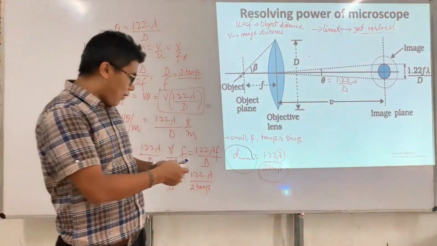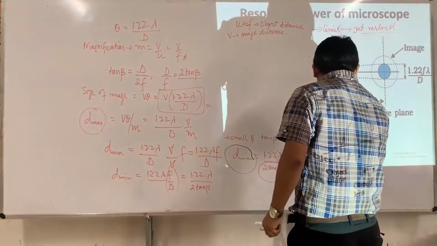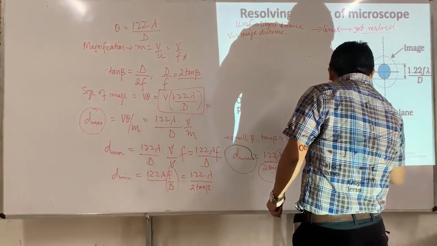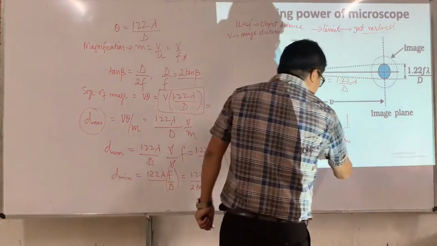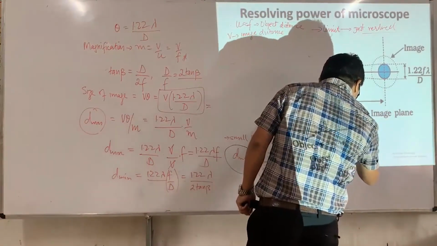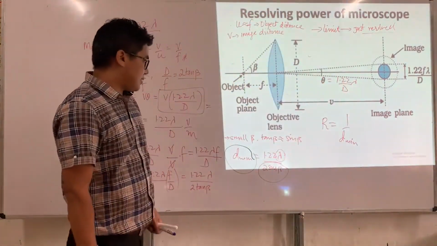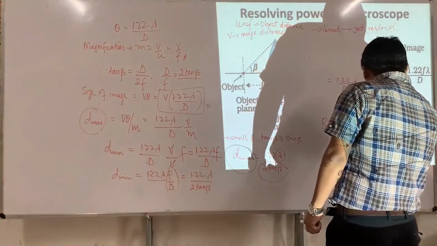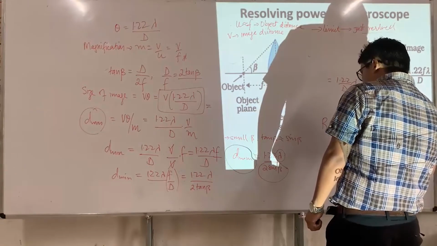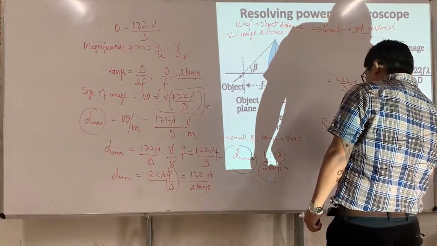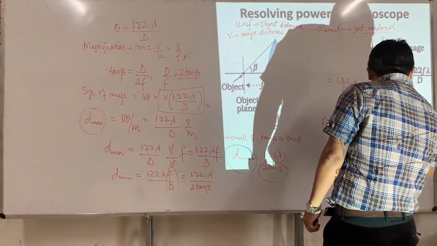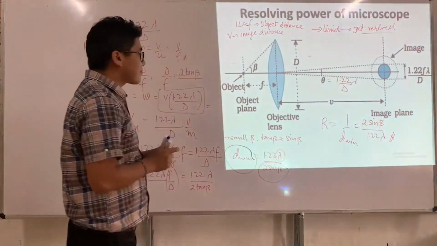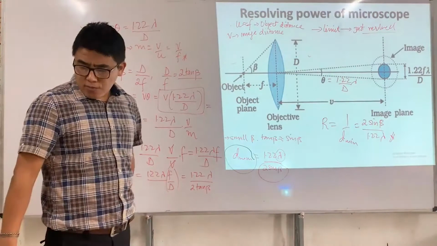Therefore, the resolving power of a microscope can be defined as the reciprocal of the minimum distance, and that is given by 2 sine beta divided by 1.22 lambda. This is the resolving power of the microscope.